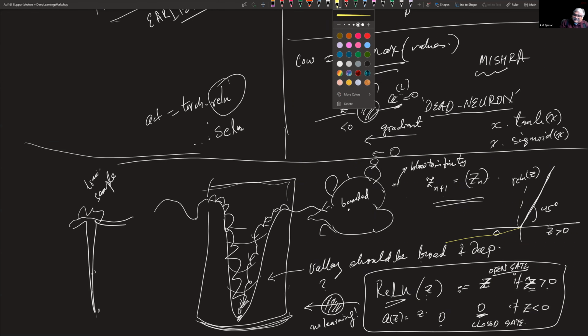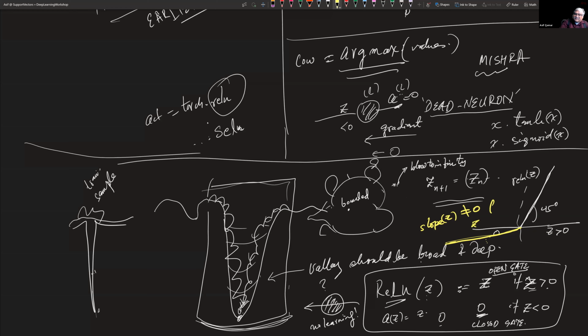In the negative direction, if you just add a little bit, now you see that the slope is not 0. It is not flat. So even for negative Z, the slope is not equal to 0 for Z less than 0. And that solves part of the problem.